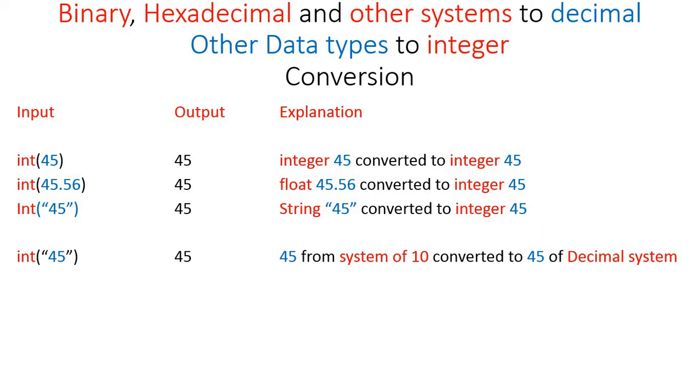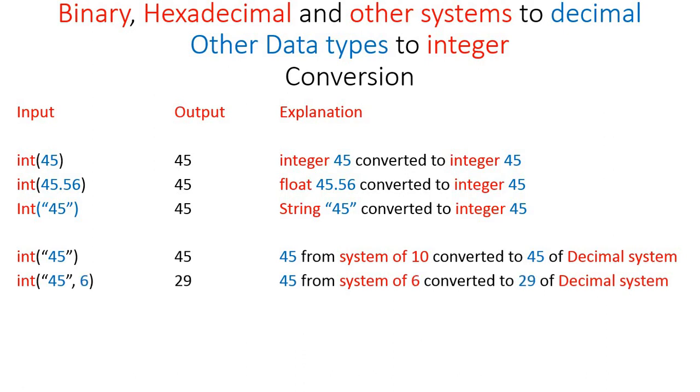The same thing can also mean that you are taking 45, which is enclosed in quotations, as belonging to the base system of 10 and you are converting it into the base system of 10, that is a decimal system. If you do not type anything other than this quotation marked 45 inside this int command, then it will be considered as belonging to the decimal system. So 45 belongs here to decimal system and you are converting it into a decimal system. So 45 will become 45.